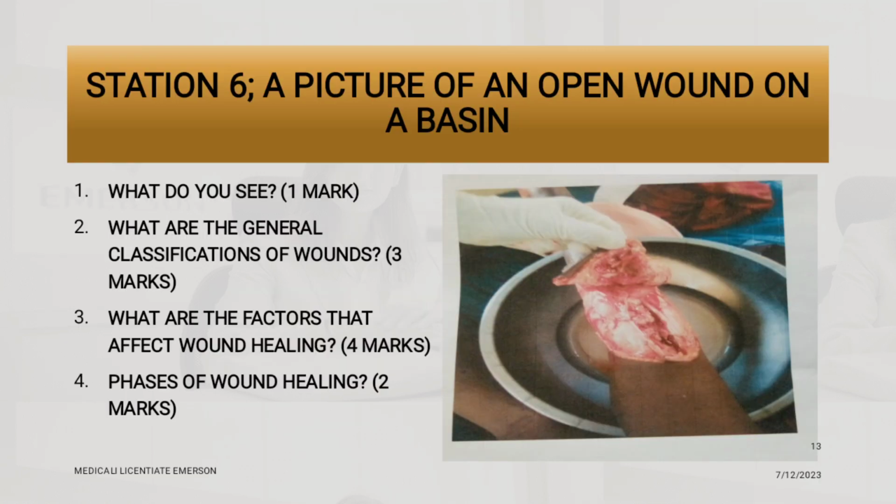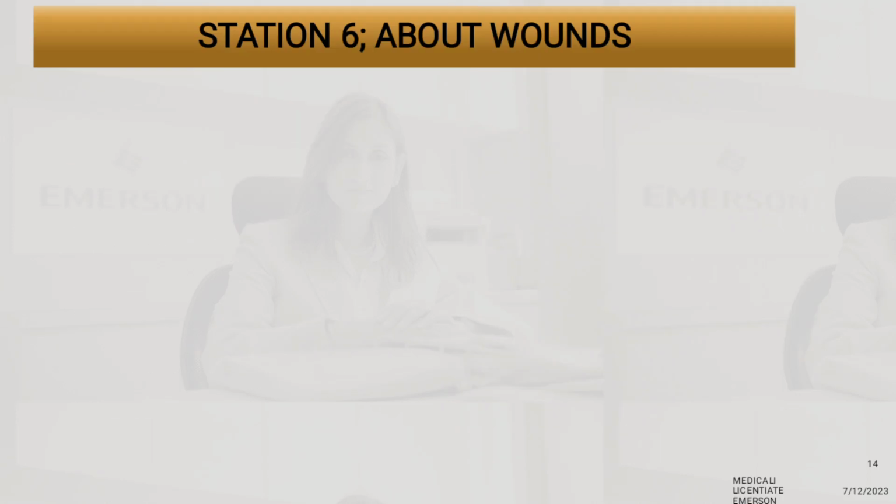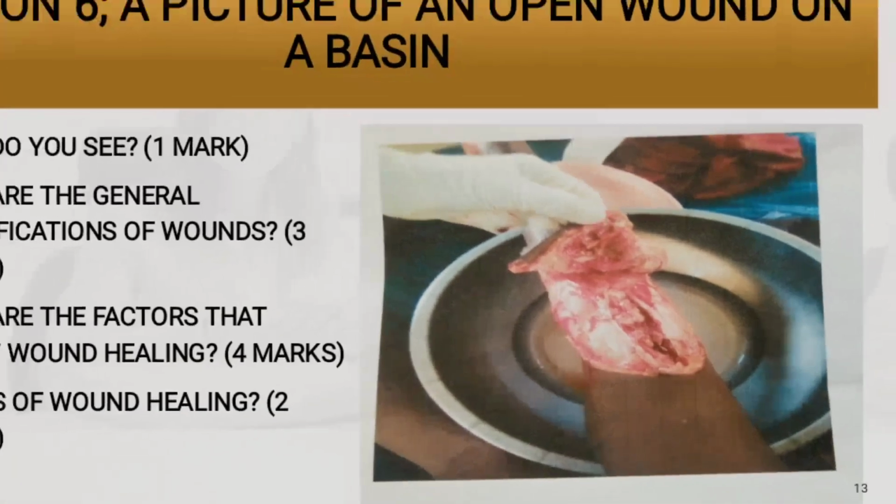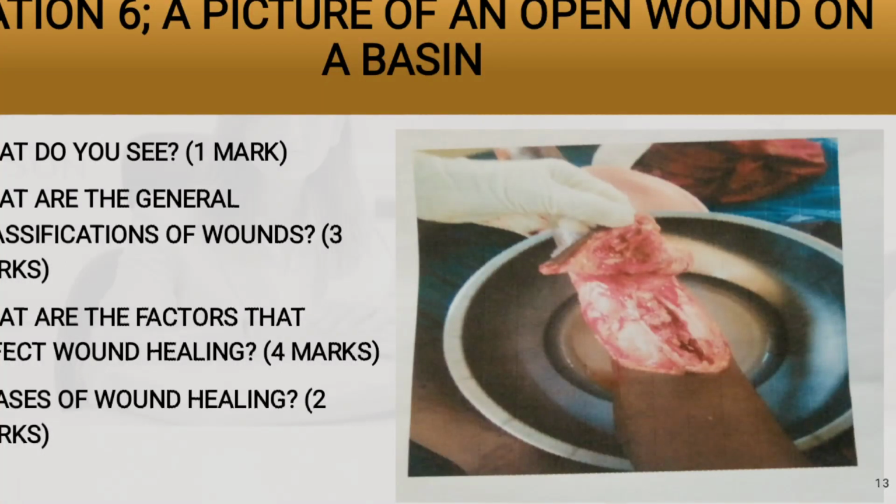Then session 6, what do you see? General classification of wounds, factors that affect wound healing, and phases of wound healing. So as you can see, describe what you see. There's an open wound being cleaned.